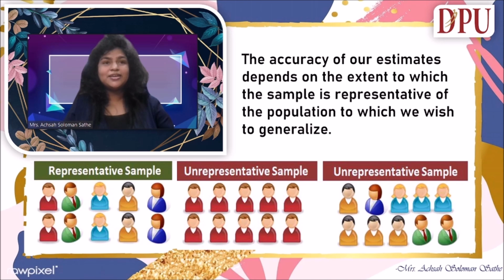Did you see that? How important it is for the sample to match the population that we are going to consider. So if you see in these three pictures, only this picture shows perfect representation of the population, because over here if you see, all are the same.